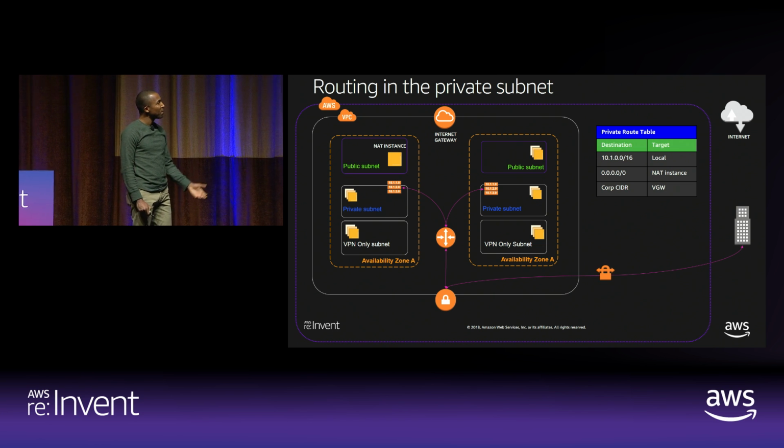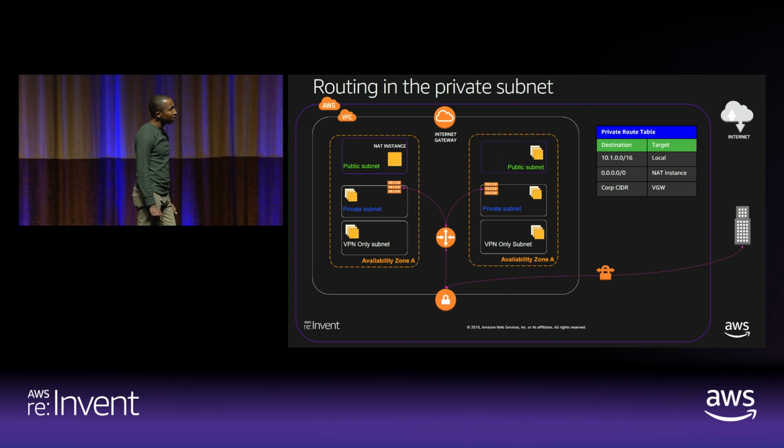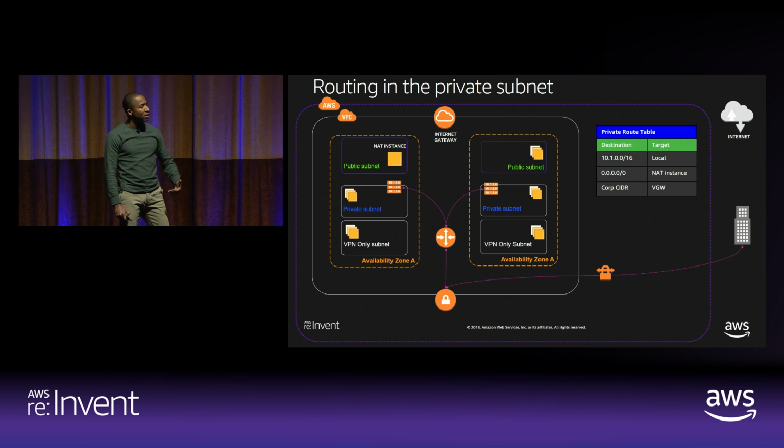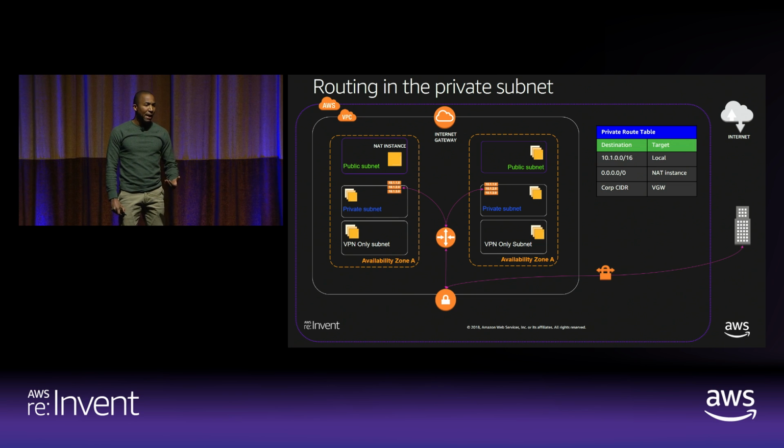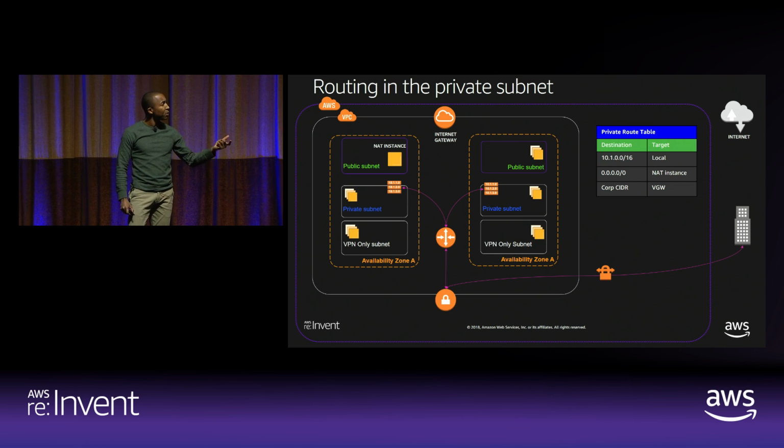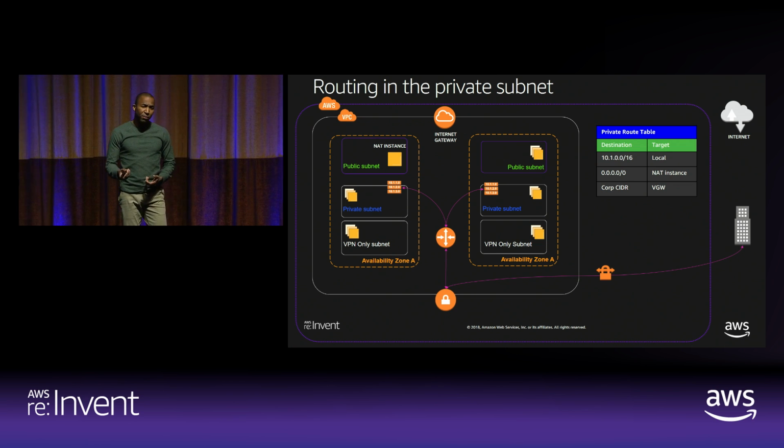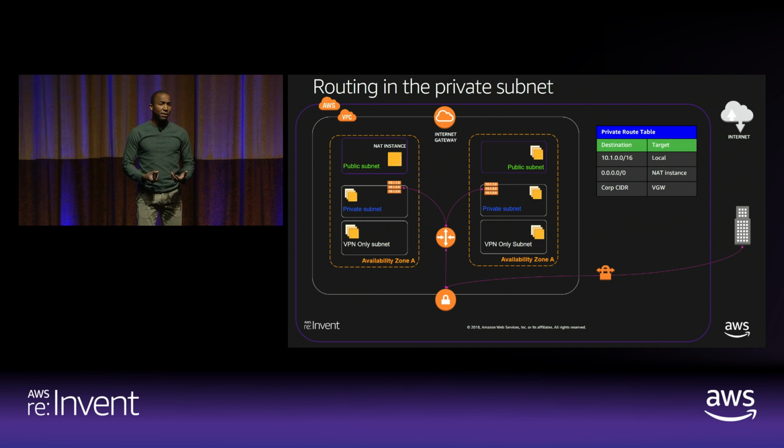So, private subnets. How do they gain access? As I said before, you have the ability to attach a NAT instance to the route table that supports your private subnets. The good thing about having this is that you can SSH to this instance, and you can add configuration to it.